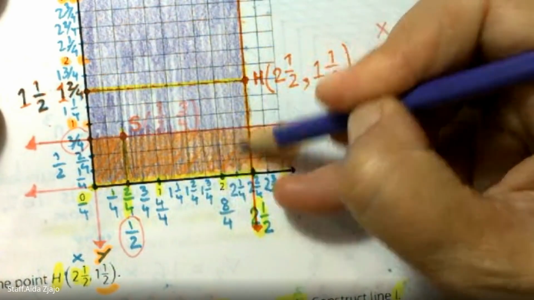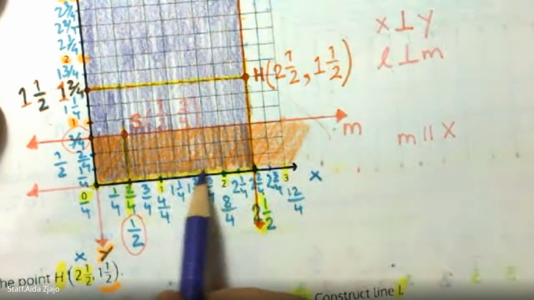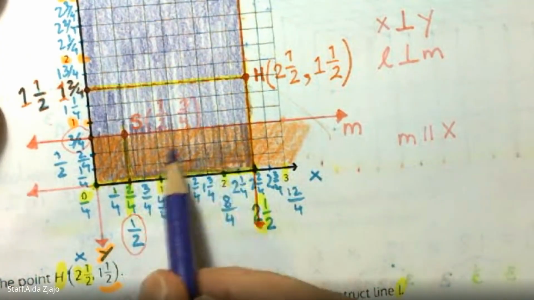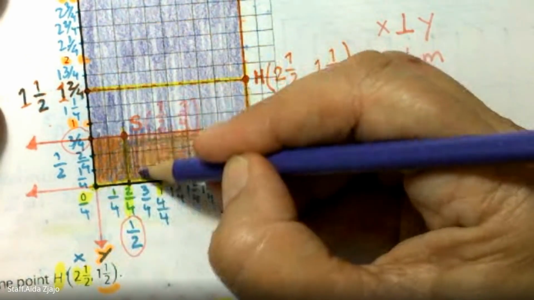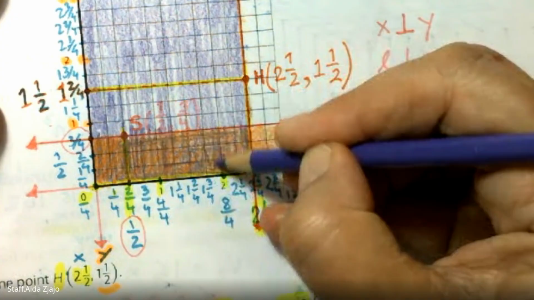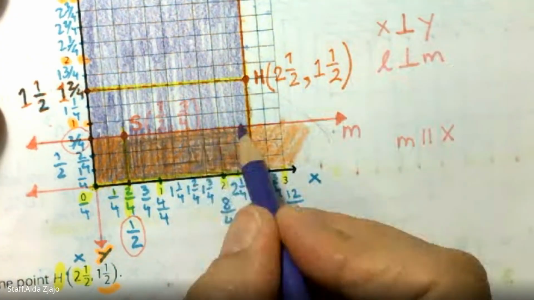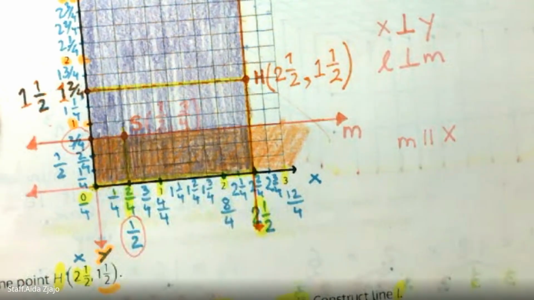Okay, so now I can see that this area right here has two colors. It has my orange and my purple, so it's a double shaded area.